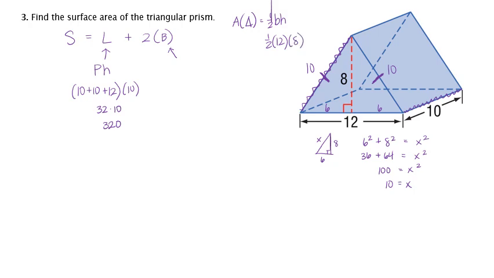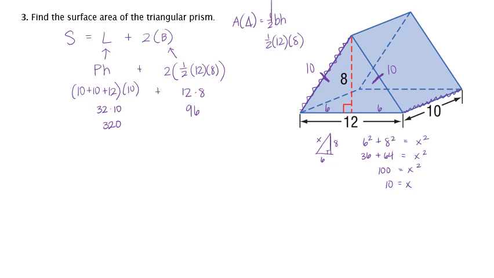Now I have 2 of those, of course, because I've got those 2 bases. So if I plug that into my formula here, 2 times 1/2 times 12 times 8. Our 2 and our 1/2, those are actually going to sort of cancel out. So we really just have 12 times 8 there, which comes out to a 96.